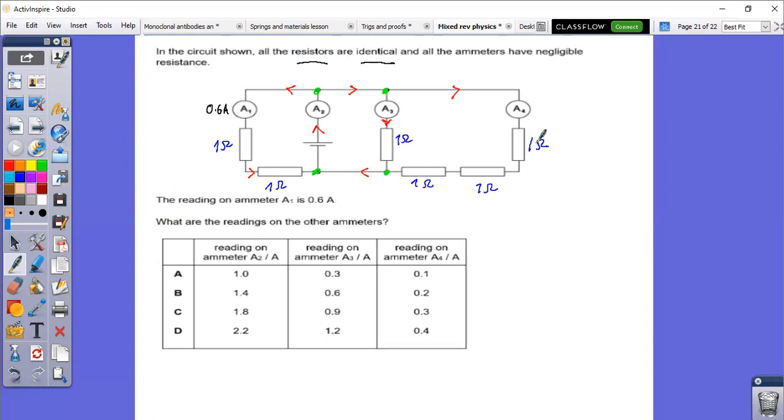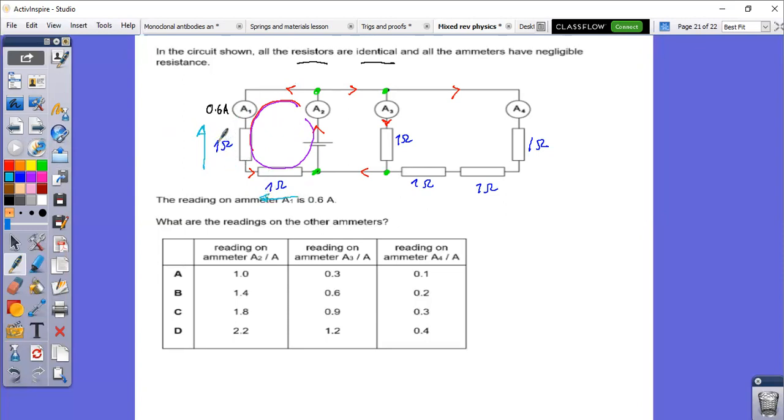So if I look at this loop here, let's use a different color. If I look at this loop here, the sum of potential difference drops must equal the EMF. I have said my current is going in that direction with the arrow. So my potential difference drop will be in which direction, Tom? That direction and that direction.